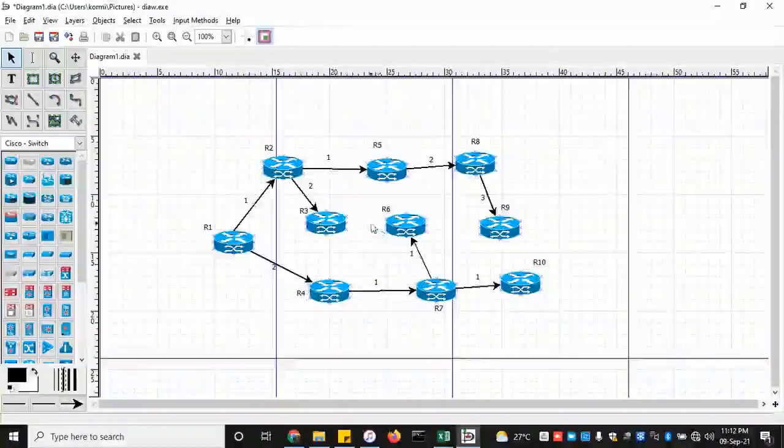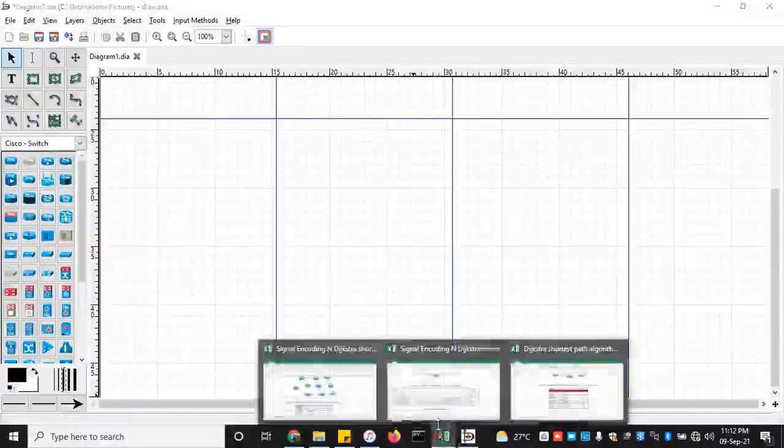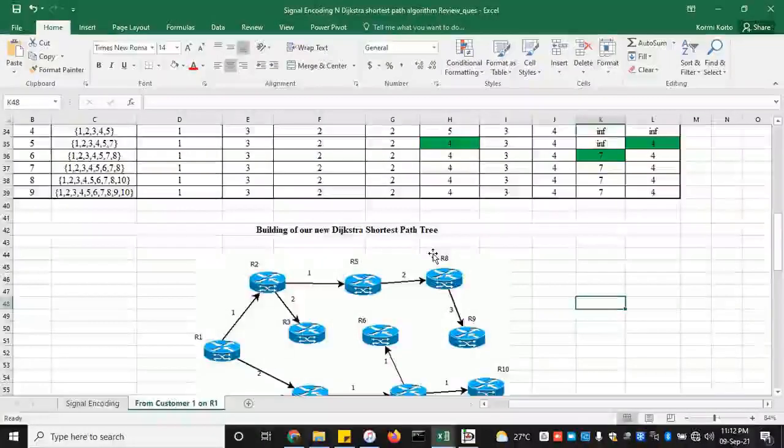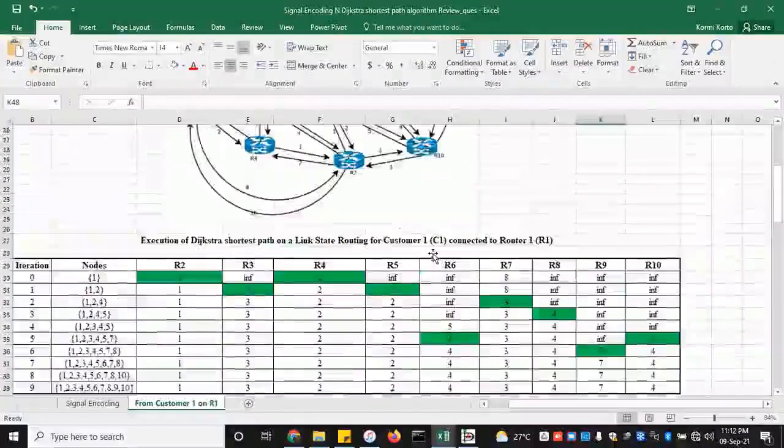Then you just save as an image and introduce it within your work.